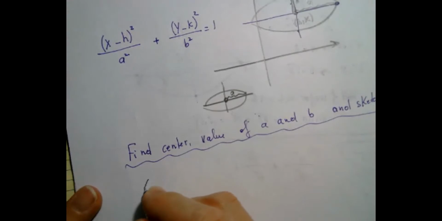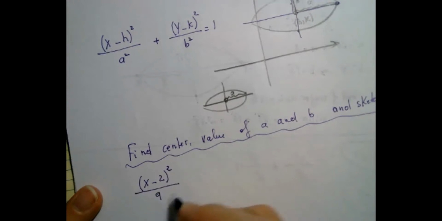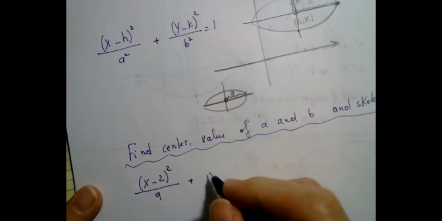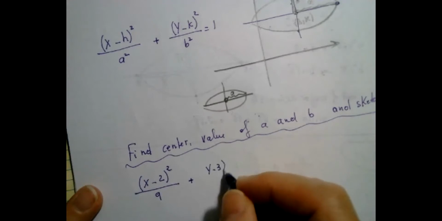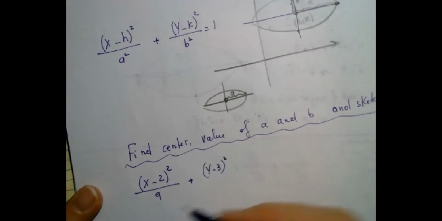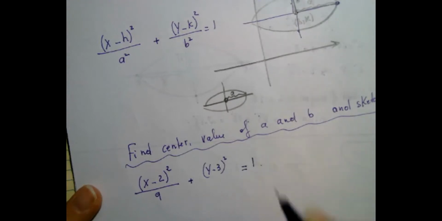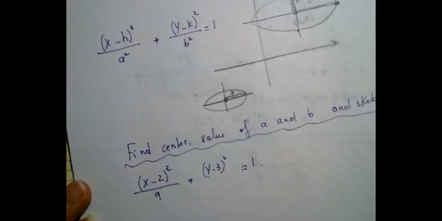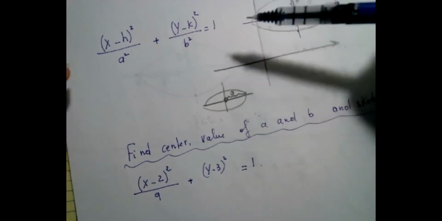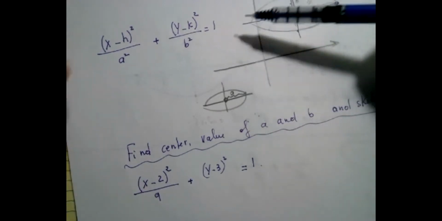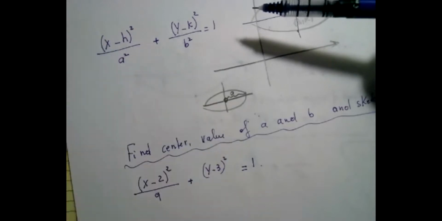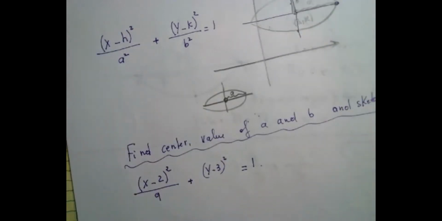So the first one is very standard. Suppose I give you (x minus 2) squared over 9 plus (y minus 3) squared. When I don't divide by anything, it means I'm dividing by 1, equal to 1. So the first example is a typical standard form.